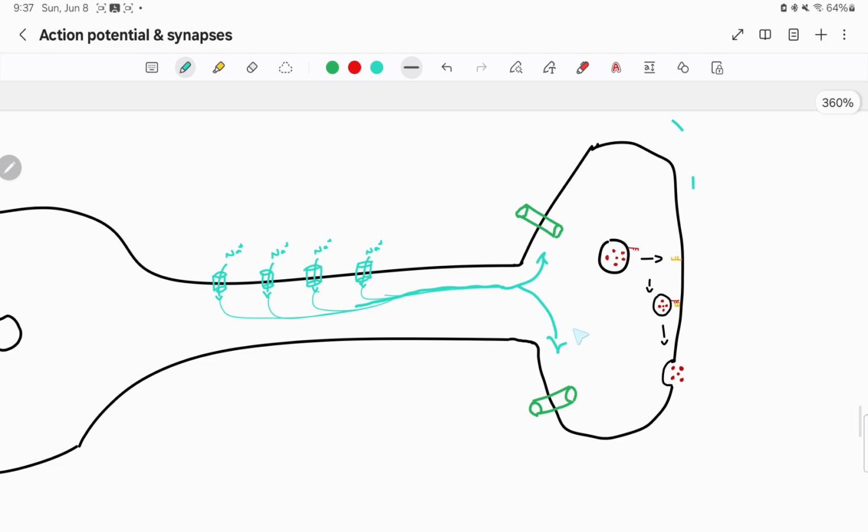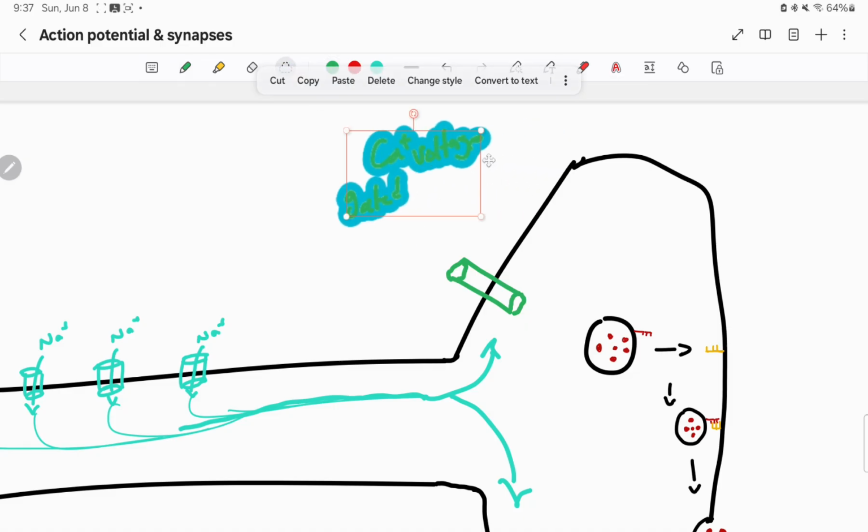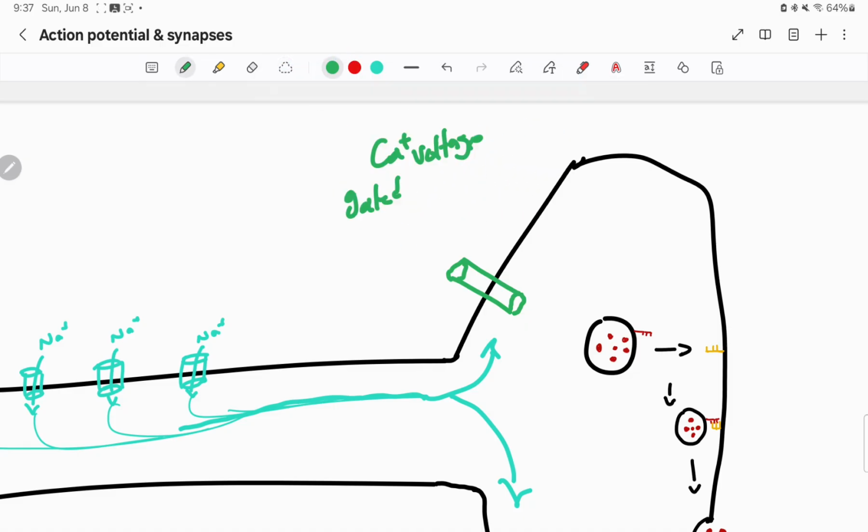And this location, this entire thing, is kind of a zoomed-in view of the synaptic terminal. Over here on the synaptic terminal, we will encounter specialized voltage channels again, but these guys are called calcium voltage-gated channels, okay? Now, you don't have to know which kind of voltage these guys open at, or that it has a gate or whatever. None of that matters.